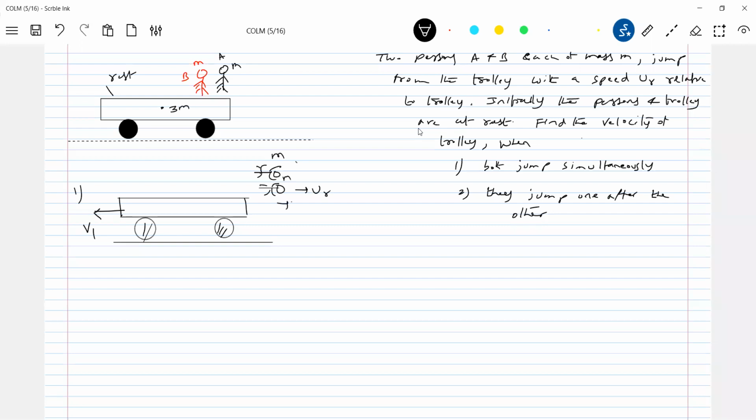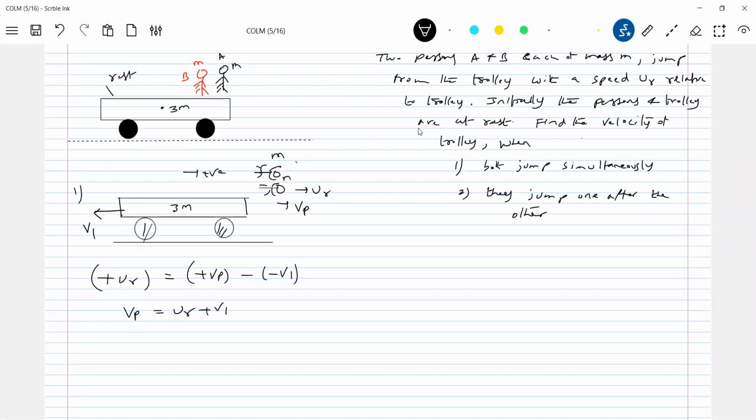Let the velocity of the persons be V dash, I'll write VP, velocity of persons. So this is 3m. Anything directed towards the right is positive. So plus UR equals velocity of person VP minus of minus V1. So what is the velocity of the person? It should be equal to UR plus V1.